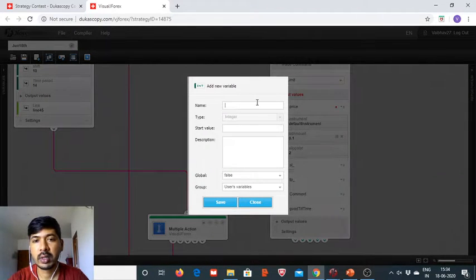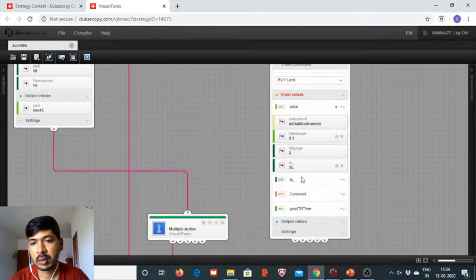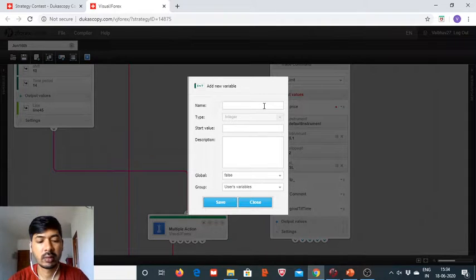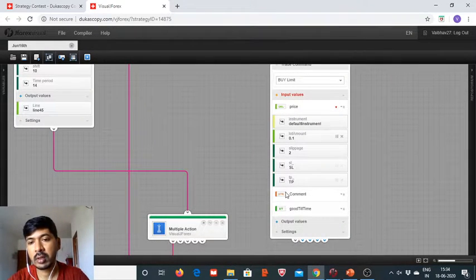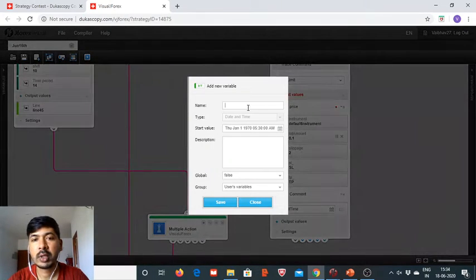So here we name it SL for stop loss, and this one will be TP for target price. The only thing we have to do is we also name this OVT, order validity time.